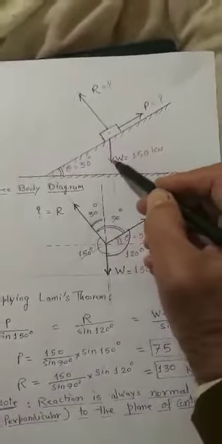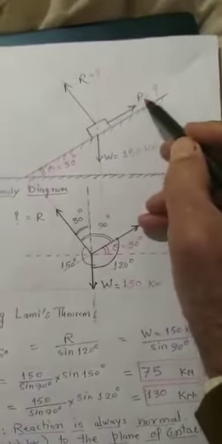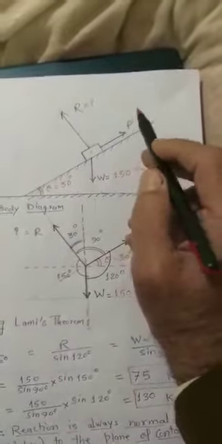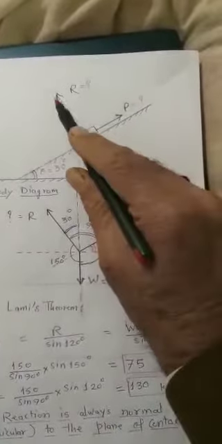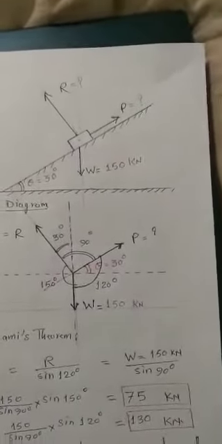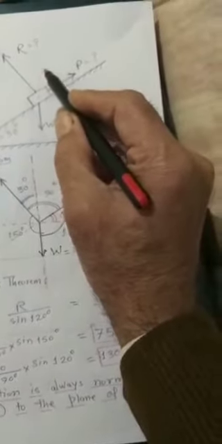Now, there is one force, the weight of the car, which is 150 kilonewton, the pull we have applied, and the reaction. Two things that we are supposed to calculate are the reaction on the ground and the pull applied. As we know, when these things are given, and the angle of slope is already given, you can very easily calculate this angle.